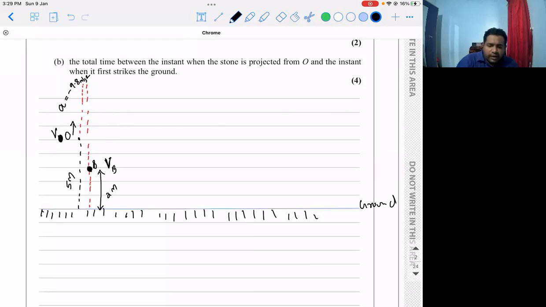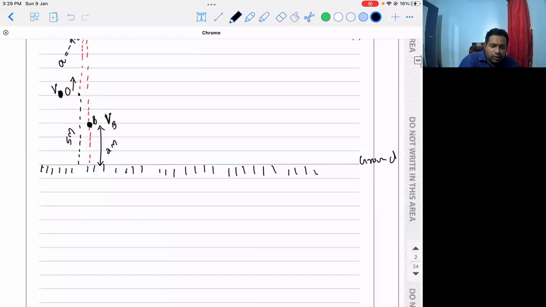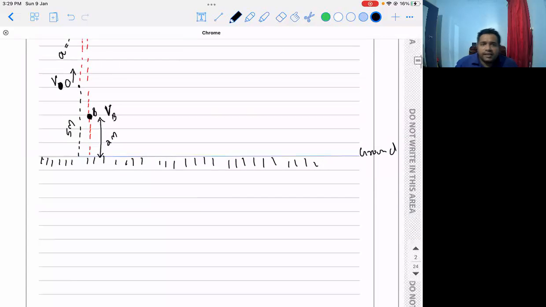We are going to use one of the equations for solving the A part. We have three equations. Here I'm going to use V squared is equal to U squared plus 2AS.